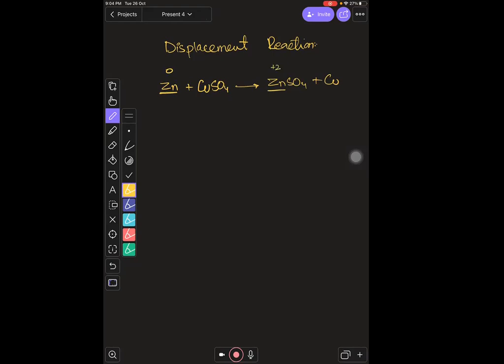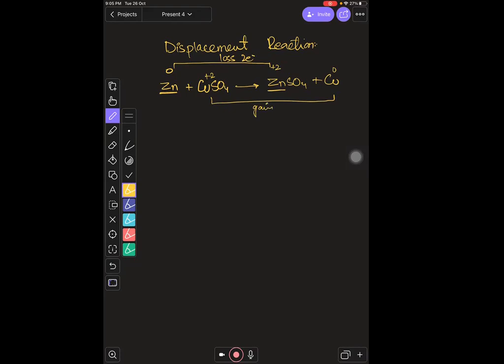It lost two of its electrons, right? Right now it is neutral and then it becomes charged. Copper is ionized right now, but when you add zinc here, it gets electrons back, right?